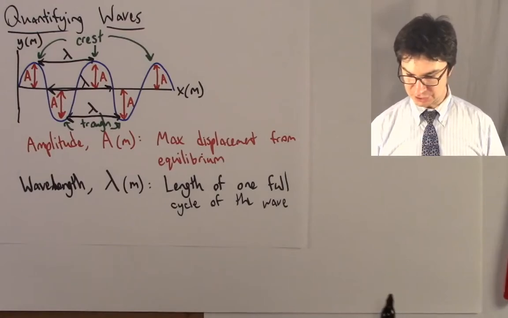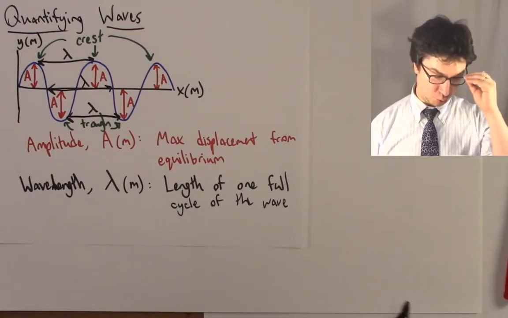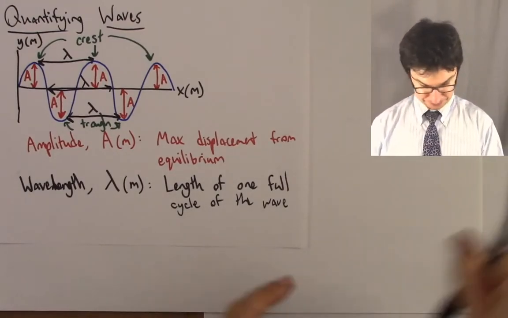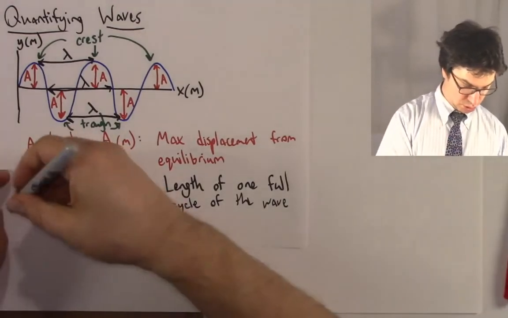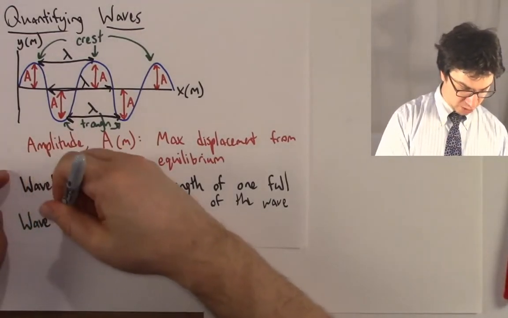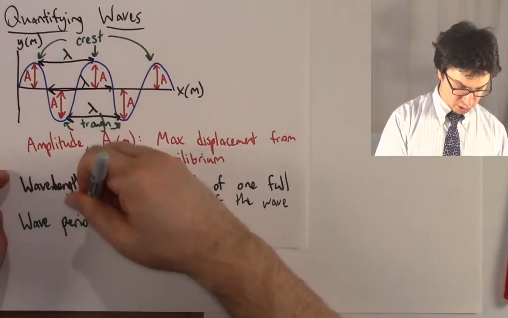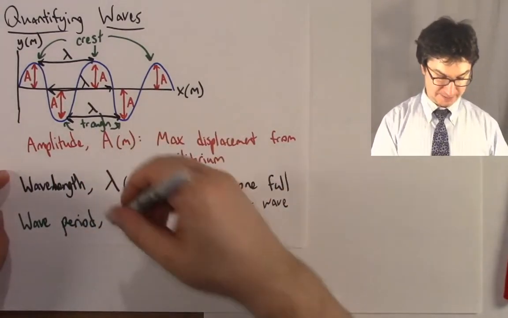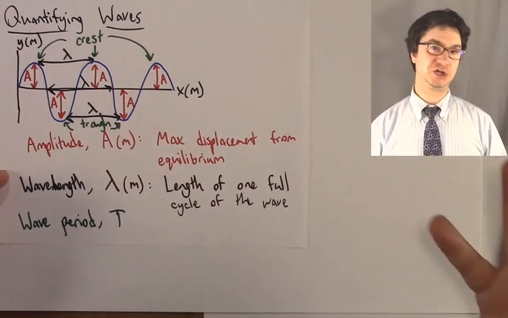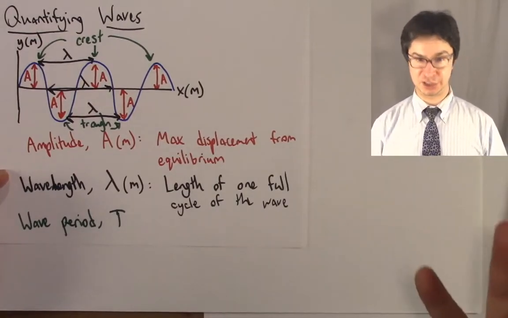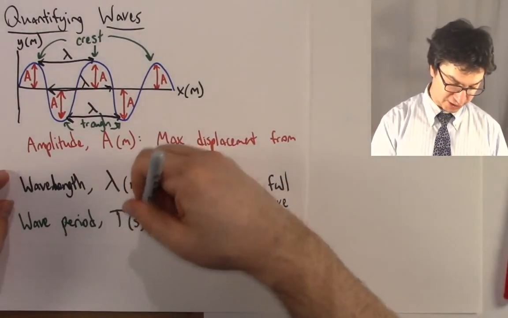All right, very nice. Another thing we want to measure in a wave is called the wave period. The wave period has the symbol capital T, which reminds us of the rotational period capital T, or also the oscillation period capital T, and this is measured in seconds.